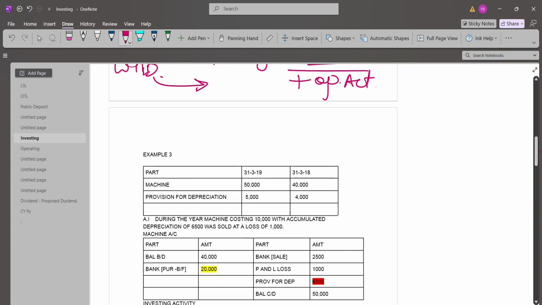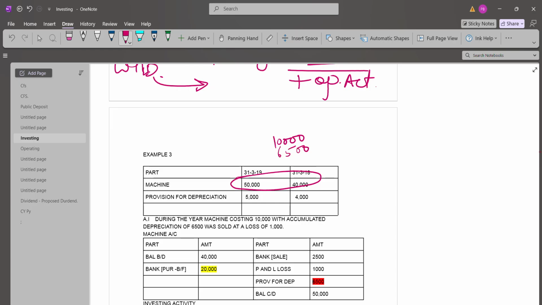Case 3. As of now, there was no additional information. Let's try to add that to this. Say during the year, a machine costing 10,000. From here, there was a machine, not the new one. Some machine was there which was purchased at some time for 10,000 rupees. After using it for so many years, you have charged 6,500 as depreciation on that. So accumulated depreciation on this asset is 6,500. 10,000 minus 6,500 is 3,500.